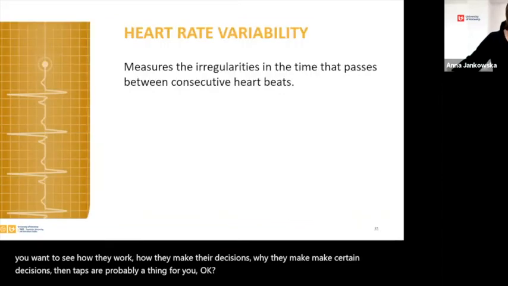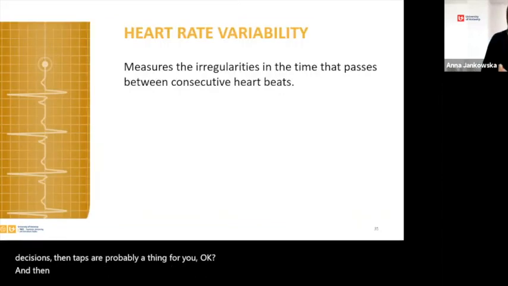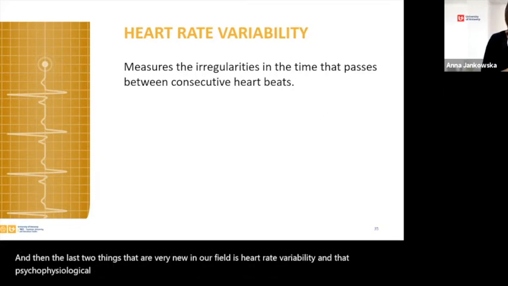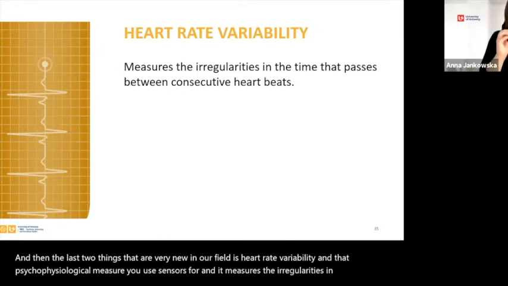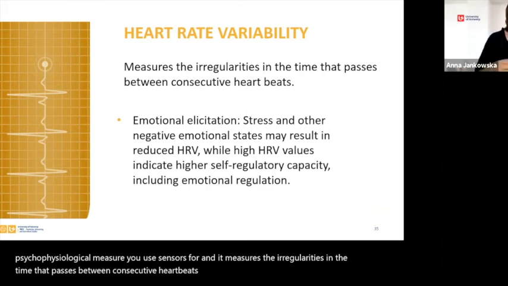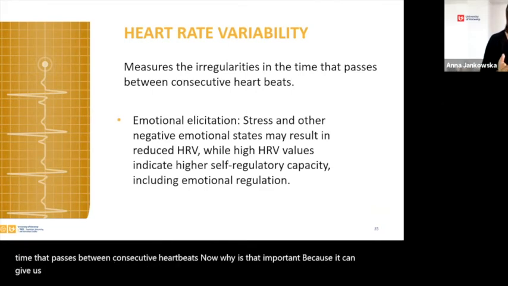And then the last two things that are very new in our field is heart rate variability, and that's a psychophysiological measure. You use sensors for that, and it measures the irregularities in the time that passes between consecutive heartbeats. Now, why is that important? Because it can give us information about emotional elicitation. That's one thing.